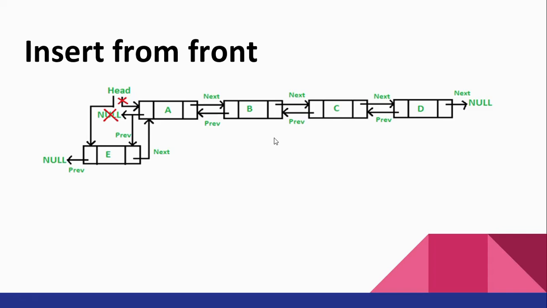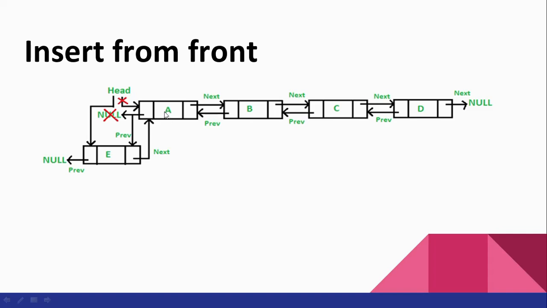Here in this insertion shown in the PPT, we are trying to insert a new node as the first node of the linked list. That is, we are trying to insert a node at the front. Already we are having some nodes like A, B, C and D. Each node has its next pointer as well as its previous pointer.